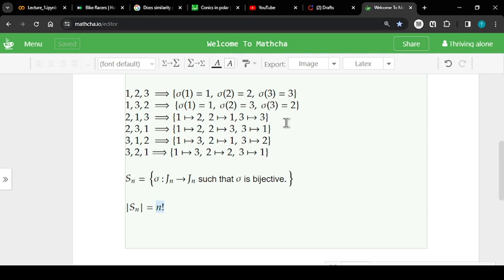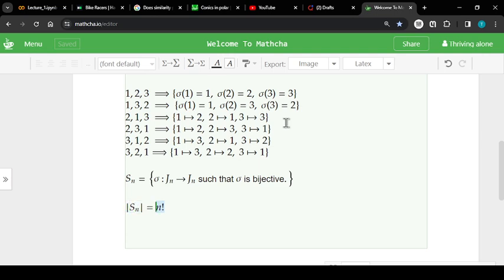And so on until the last person in the queue. He won't have any option. He would have only one seat which he has to occupy. So if you multiply 10 times 9 times 8 all the way through 1, that's basically 10 factorial. That's the intuition why we get the size of the group Sn to be n factorial.